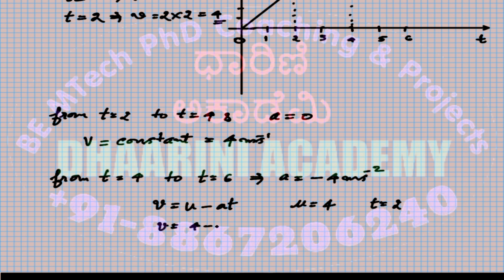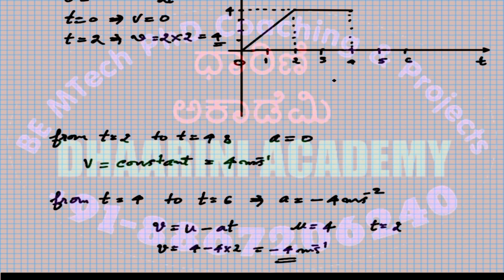Acceleration is already minus 4, so I don't have to change it. Don't make it minus of minus 4. So 4 into 2 is 8, minus 8 plus 4 is minus 4 meter per second. So at the end of the 6th second, the velocity will be minus 4.